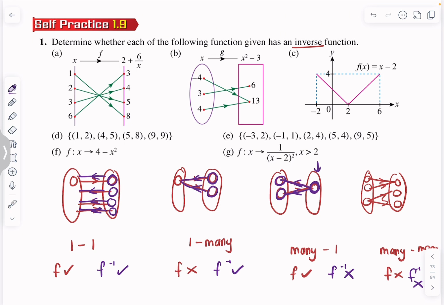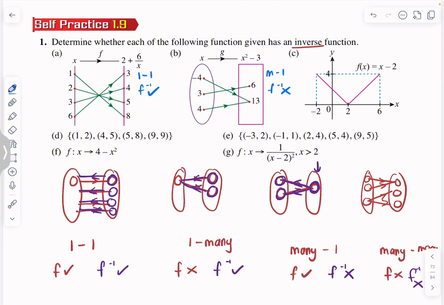The first one here, I use blue color. The first one is a one-to-one function, so the inverse function exists. This one is many to one. So for a many to one function, the inverse function will not exist, because the front is not 1. You must just check whether the front is 1 or not.